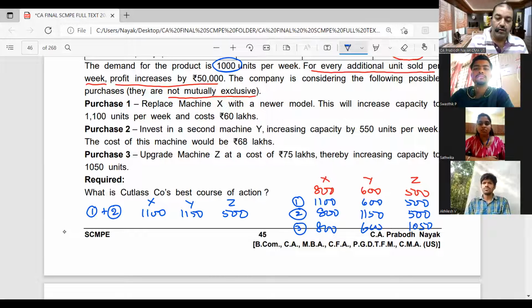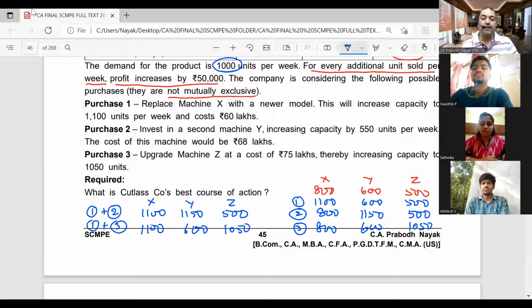What will happen if I combine 1 and 3? 1 and 3 means X will increase to 1100. 3 means Z will increase to 1050. But 2 will remain as it is, 600.